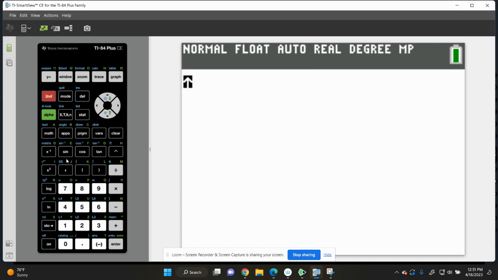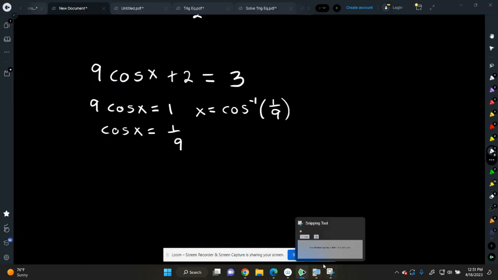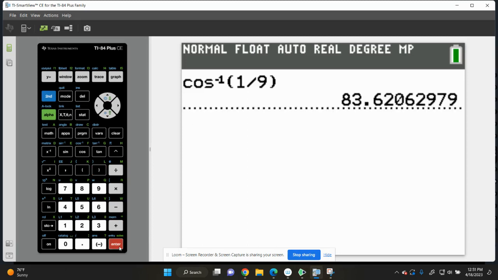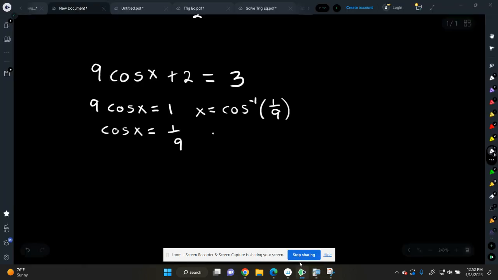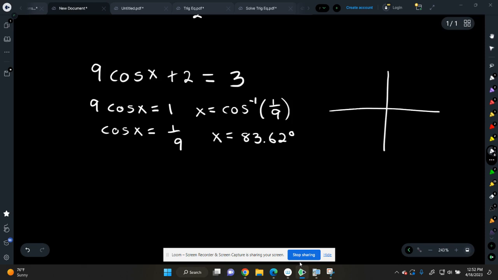And we're going to do the inverse cosine of 1 over 9. And we get 83.62 degrees. So x equals 83.62 degrees.